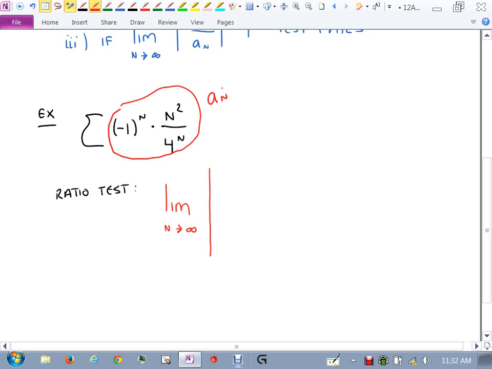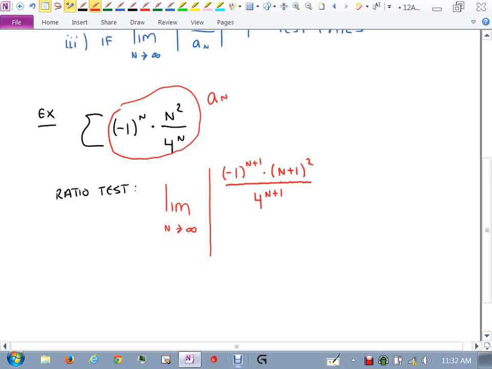What do I get when I plug n plus 1 in for everything here? Well, -1 to the n plus 1, times, now this n squared becomes n plus 1 squared, all over 4 to the n plus 1.